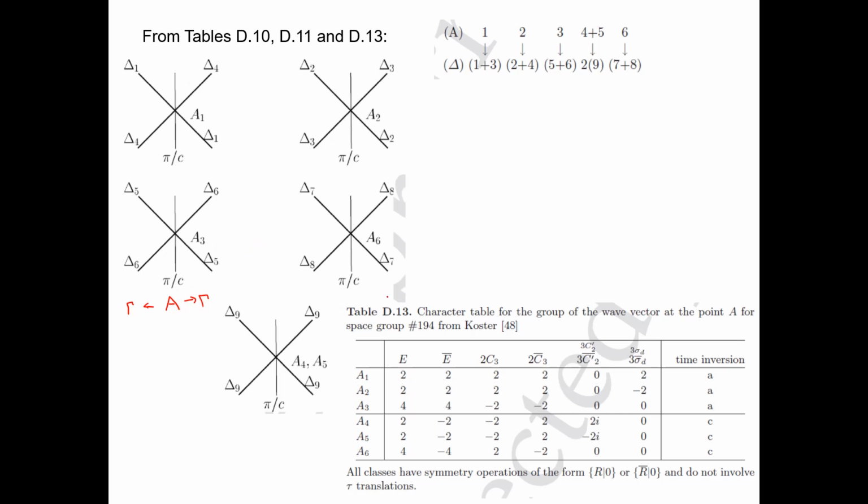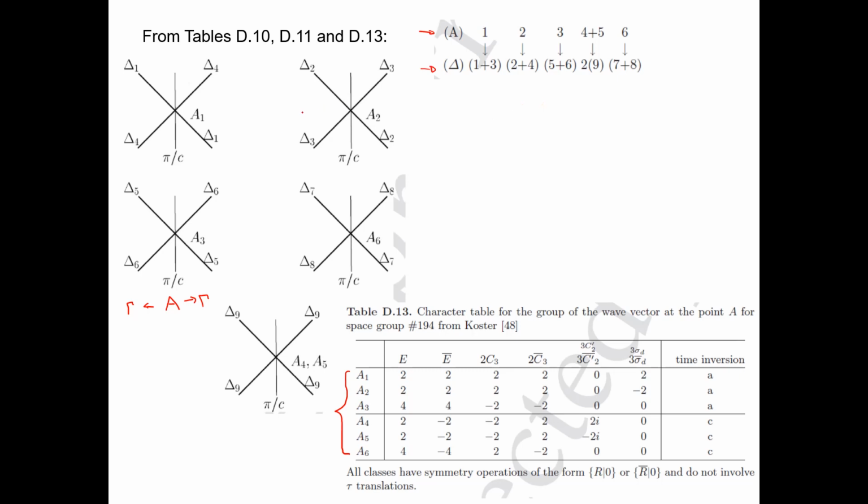So again, you find all the different irreducible representations for the double group at the A point. They are labeled A1, A2, A3, A4, A5, A6, and you can do in the usual manner the compatibility relation between the A point and the delta line. After you do that, you see that A1 splits into delta 1 plus delta 3, A2 splits into delta 2 plus delta 4, and so on and so forth.